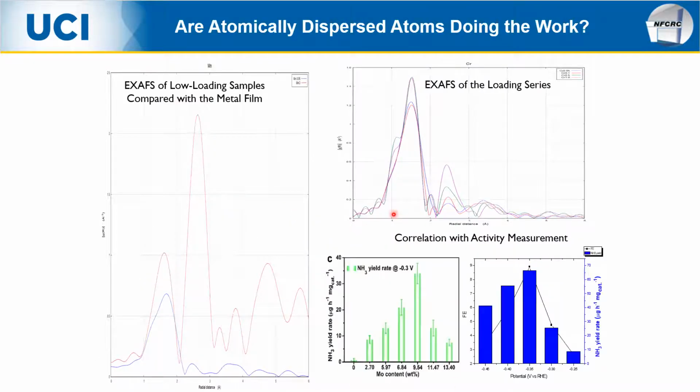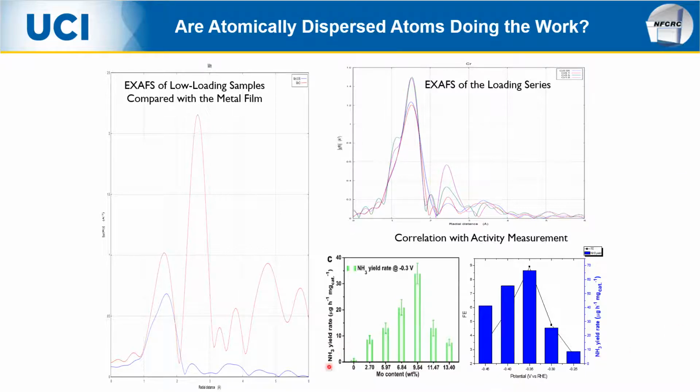If we go back 10 years, many people would ask, are you sure you have single atoms? Are they really doing the work? Are you sure you don't have any small clusters actually catalyzing these reactions? Now it's not a question anymore because of the tools that my group specializes in. For example, X-ray absorption spectroscopy gives us a very good answer because it correlates well with the single atom loading.